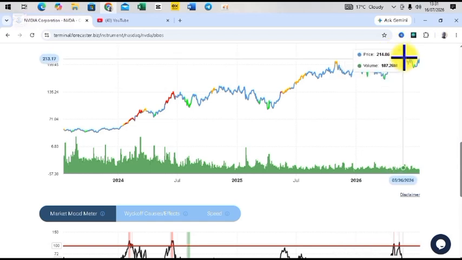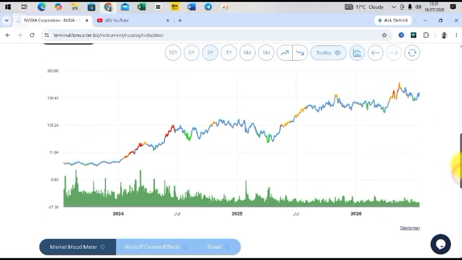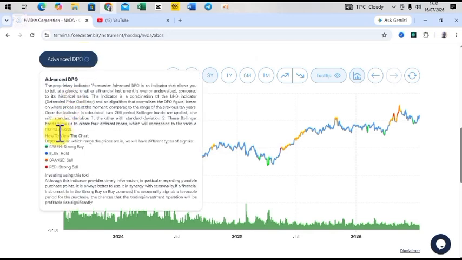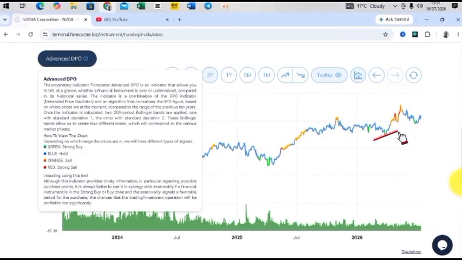And the moment you see a red signal, it confirms what we said under the DPO, the red or reddish, or rather orange, for example. And that's what sponsored the pullback, but currently we can see a divergence here.